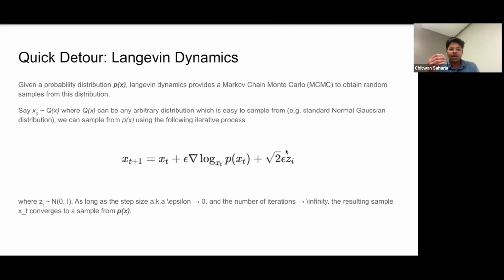I'm not going into too much detail, I'm giving a very hand-wavy argument right now, but there is a whole derivation of how we arrive at this update process and how we can prove that this would actually converge to a sample from P of X. But this basically shows you that if we have access to this score function somehow, then we can substitute it here and actually start obtaining new samples from the probability distribution that we actually care about.